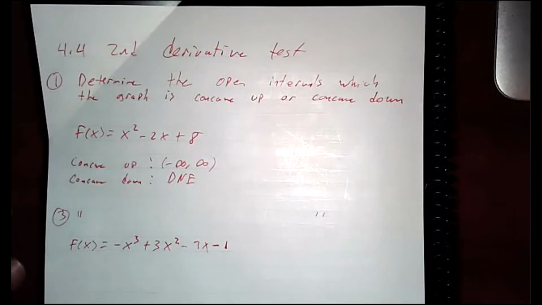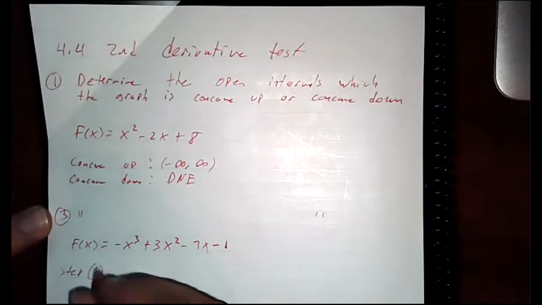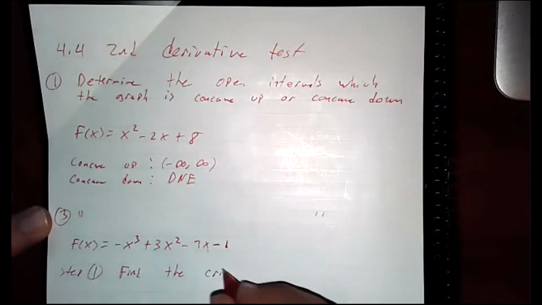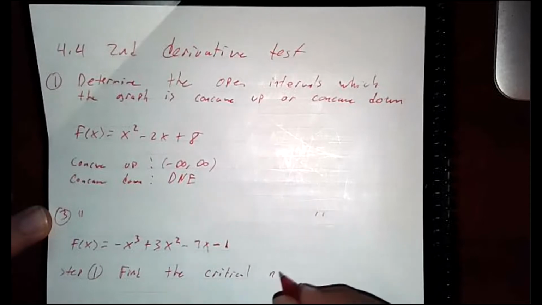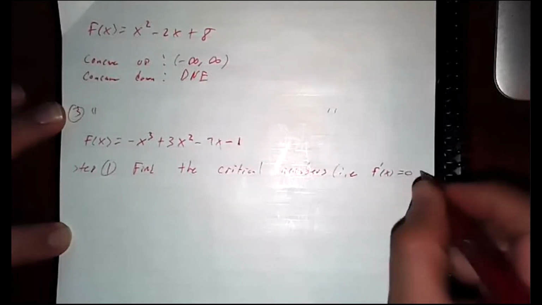All right, so the way you're supposed to do this, step 1 is find the critical values, which means I need f prime, right? That is to say, set f prime of x to 0 and solve.